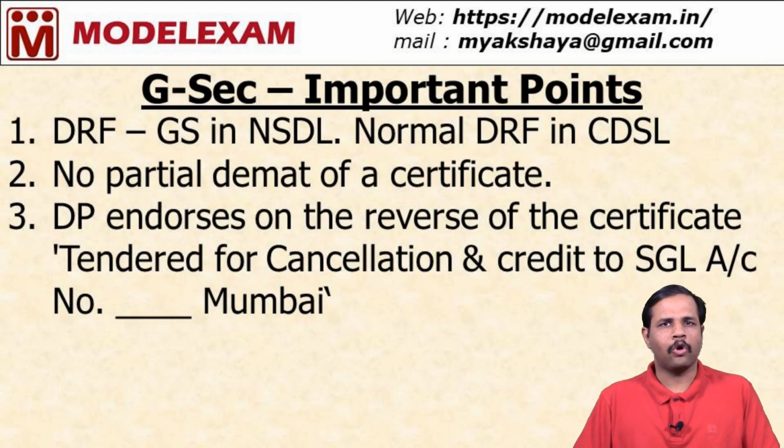Here the SGL account refers to the SGL account of the depository. So RBI will credit government securities in the SGL account of the depository, and the depository in turn will credit the demat account of the investor.